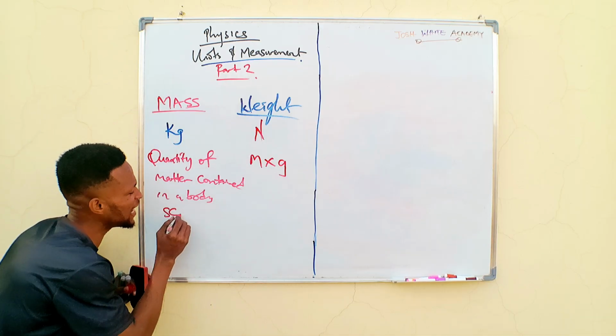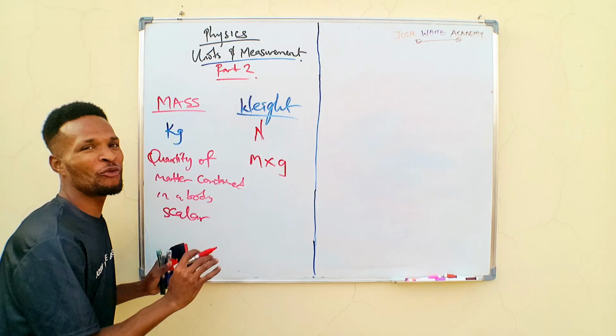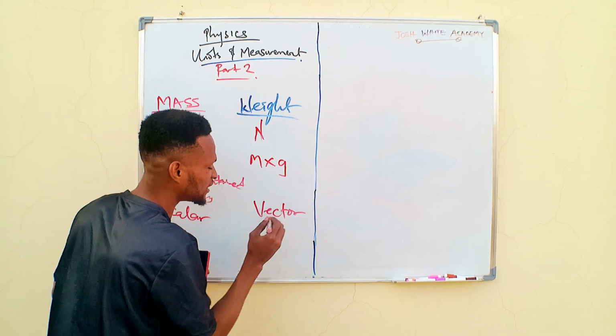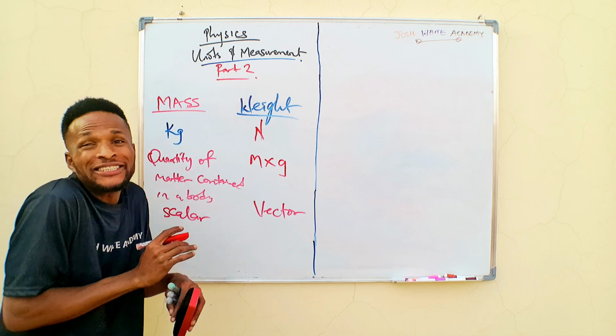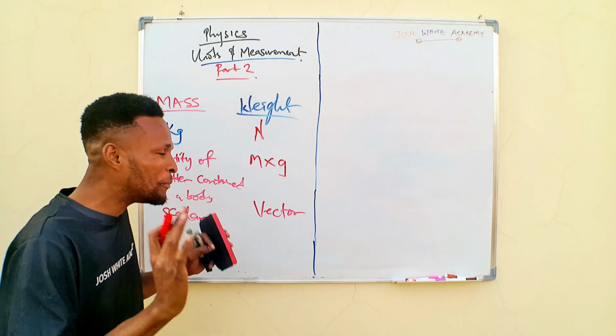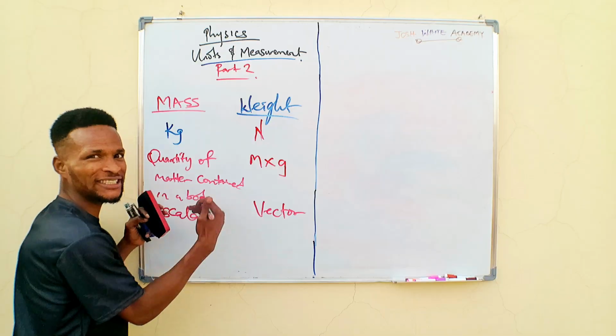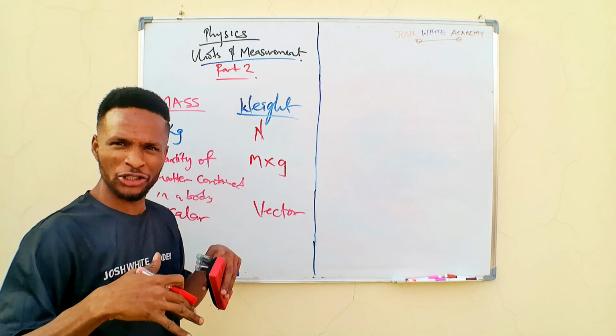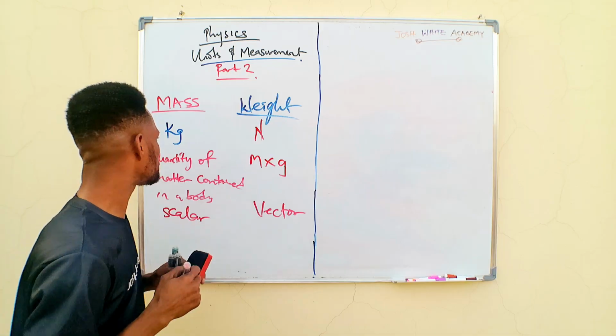Thirdly, mass is a scalar quantity, whereas weight is a vector quantity. Mass doesn't tell you about direction, it only gives you the information about quantity, about number, whereas weight tells you both number and direction.